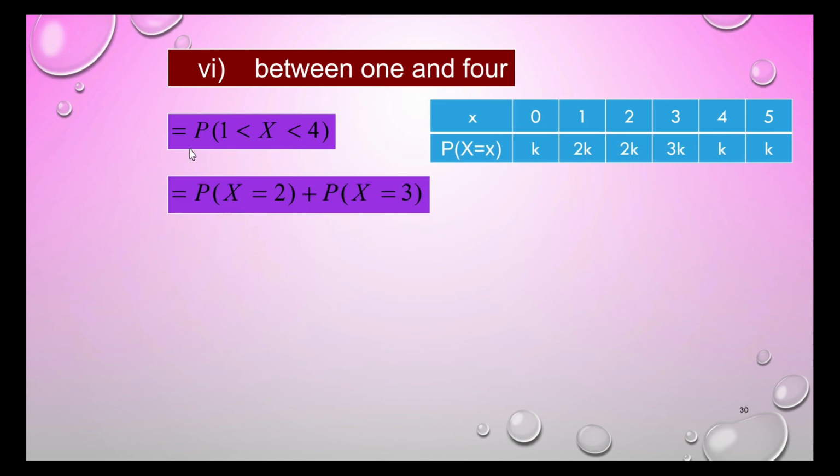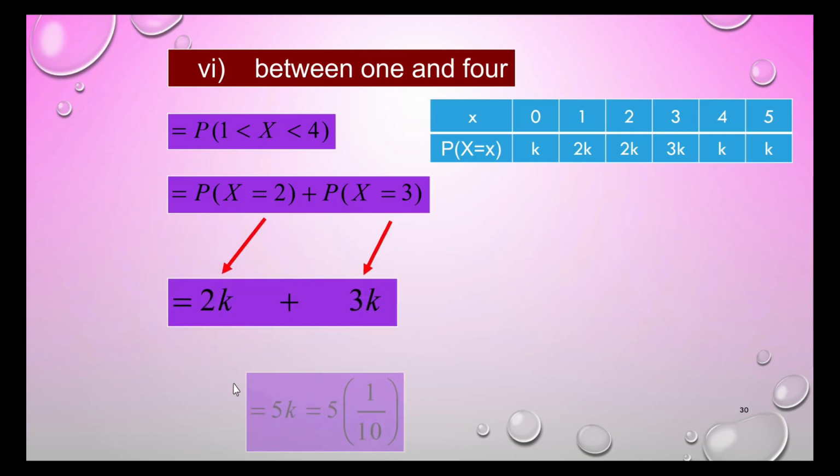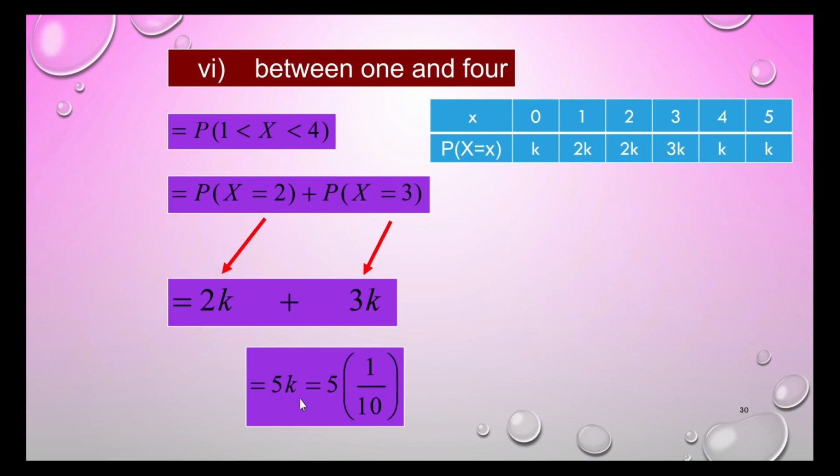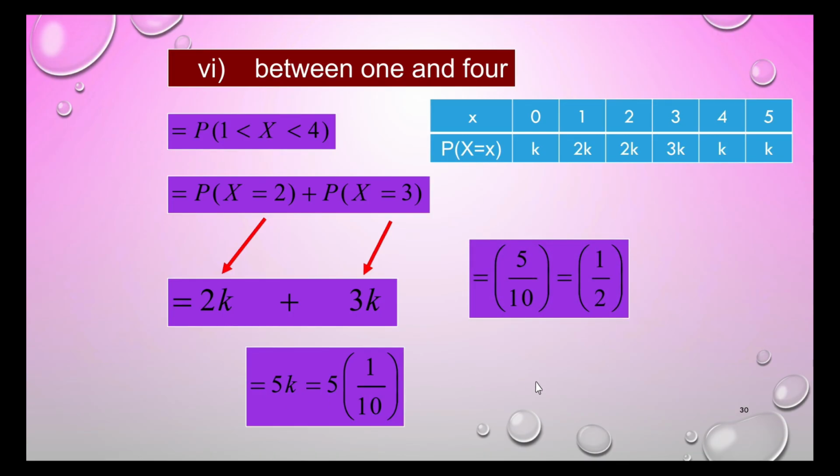Okay, to find probability x more than 1 and less than 4, we add probability x equal 2 and probability x equal 3. Okay, and we get 5k. We simplify, hence the probability of x between 1 and 4 is 1 over 2.